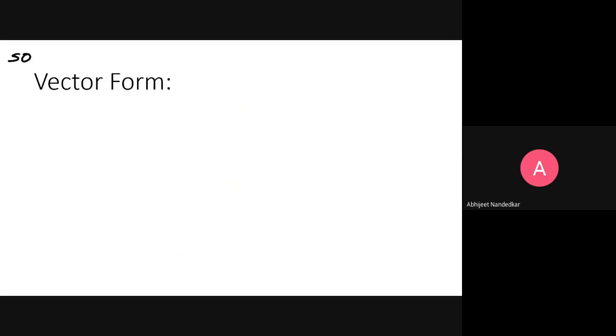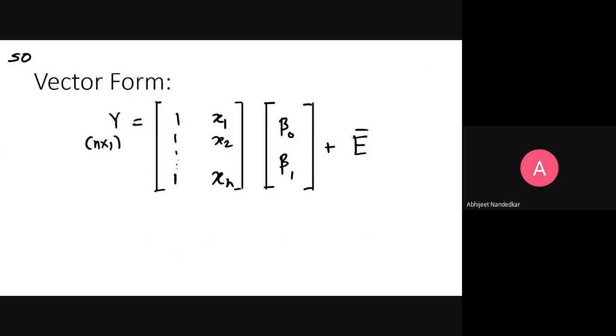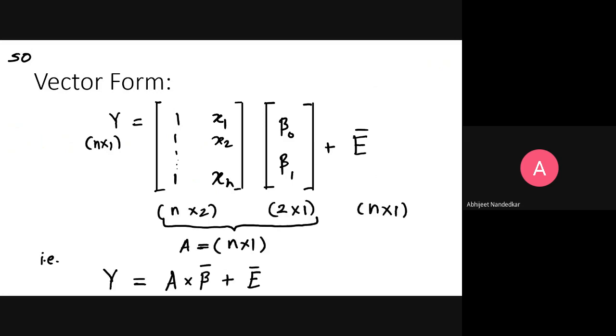Now what we saw next was the matrix representation of all these equations, and then we find the error. The estimated error is y minus A into beta. So this is the collection of all actual values of y for all the samples.